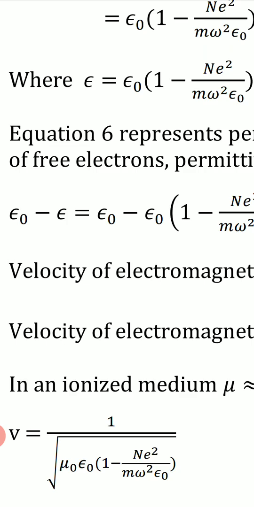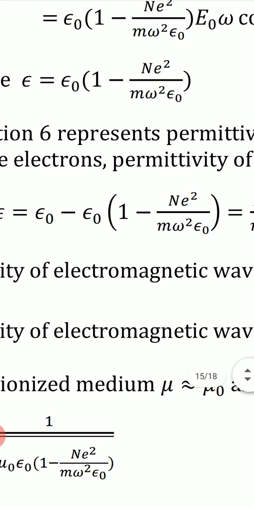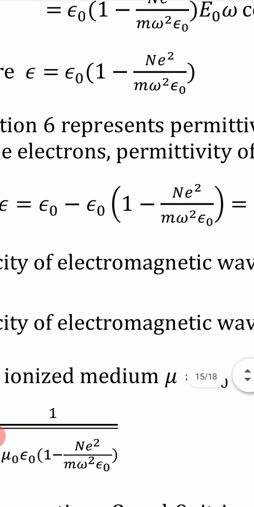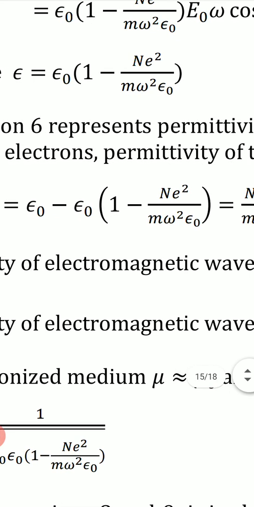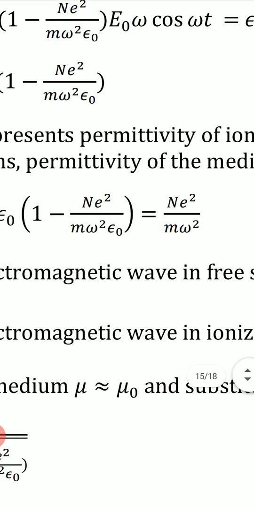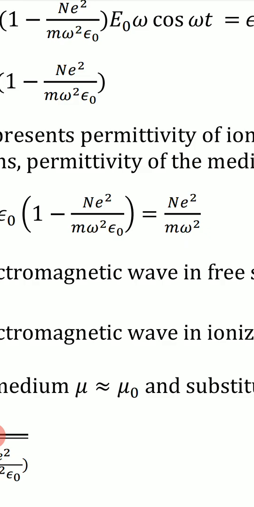Put the value of epsilon, which is epsilon 0 into 1 minus N e square upon m omega square epsilon 0. Epsilon 0 is cancelled out and it becomes equal to N e square upon m omega square. So this is the difference in permittivity, N e square upon m omega square.